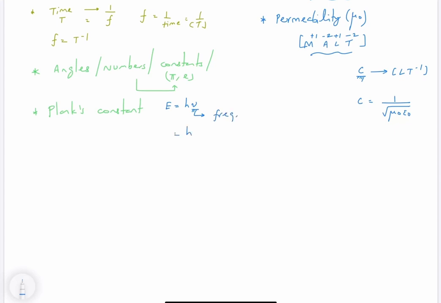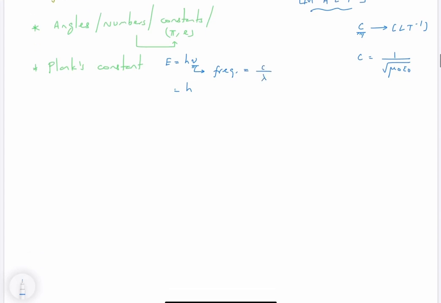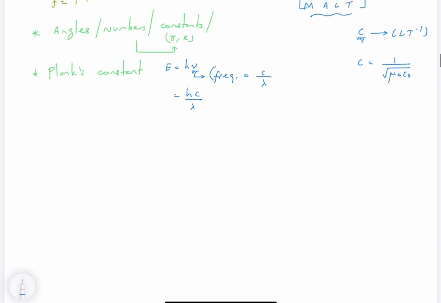And we also have frequency, which is nothing but speed of light divided by lambda. That is also another formula of frequency. So hc by lambda. And how did this formula come? What is speed? Speed is nothing but distance by time.